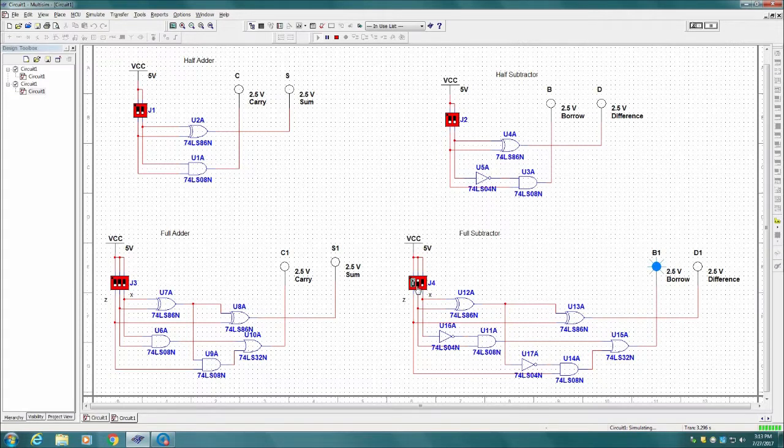When X equals 0, Y equals 0, Z equals 1, then D equals 1 and B equals 1. When X equals 0, Y equals 1, Z equals 0, then D equals 1 and B equals 1. Similarly, you can check all the conditions and verify the truth table.